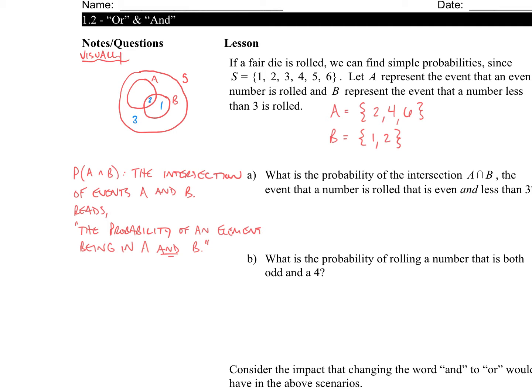The number 4 is in A, but not B. 5 is in the sample space. And the number 6 is in A, but not B.